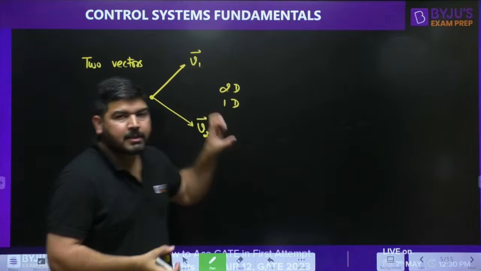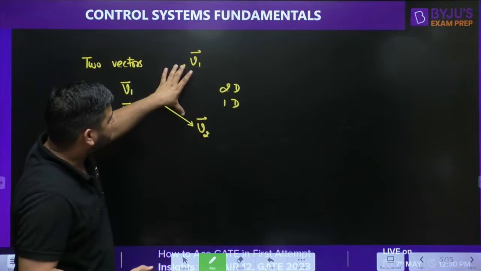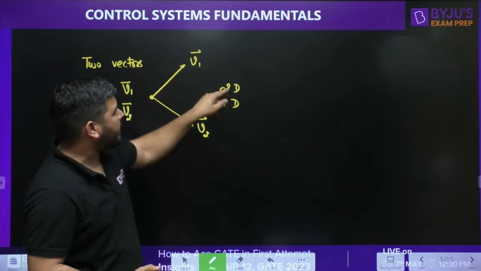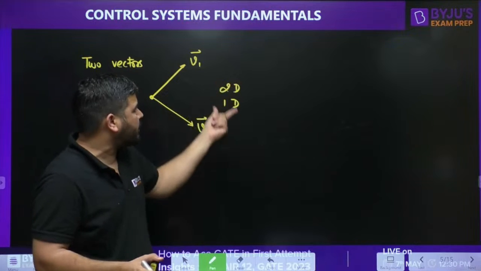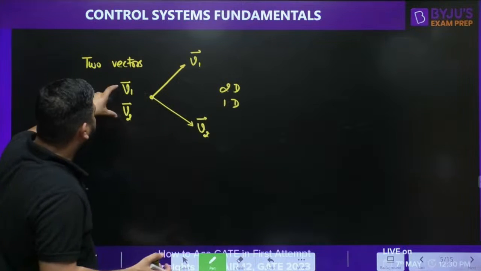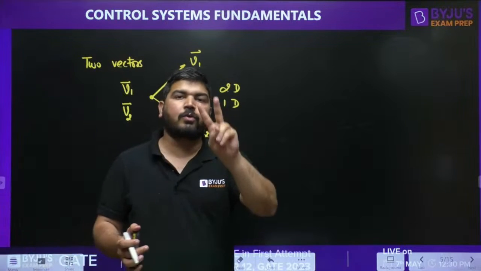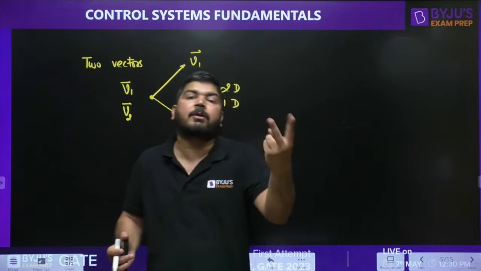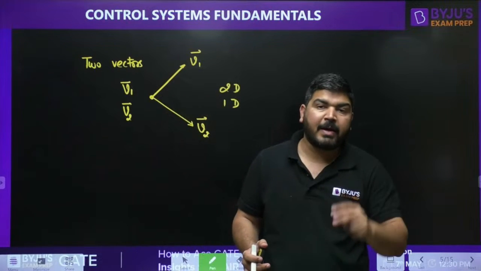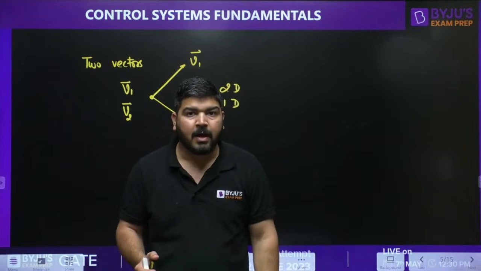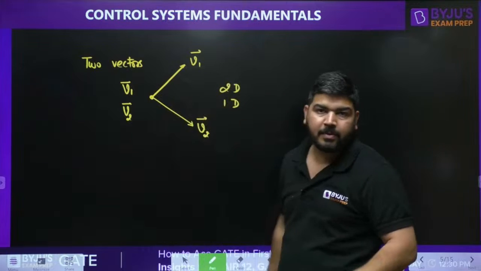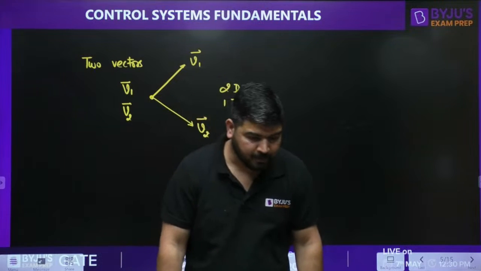So first you have to check the span. The maximum value of the span, 2D or 3D or 1D, can be calculated with the number of vectors. If there are two vectors, the maximum span can be 2D. In the best case, the span will be 2D, and in the worst case, the span will be 1D. I hope it is clear.